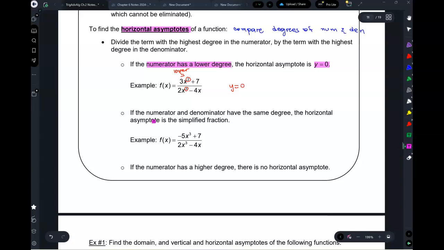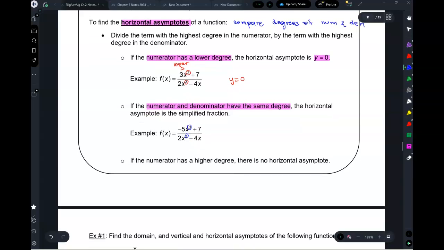Now, what if the numerator and the denominator have the same degree? Like this one. They have the same degree. Now, what you do is you say y equals, and you just take the coefficients of first terms, -5/2.